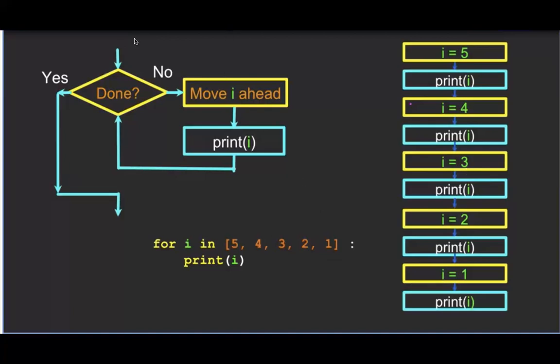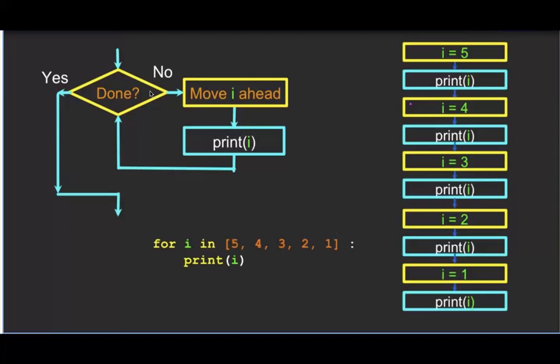It says, okay, i in this list. So i is basically the index. It will always begin from 0. You don't have to tell it that my list has only 0, 1, 2, 3, 4, so the last is the 4th index. The loop already knows it has to run till the 4th index, or till the 5th value. So it comes from the first index i, and then it moves i, and it prints i.